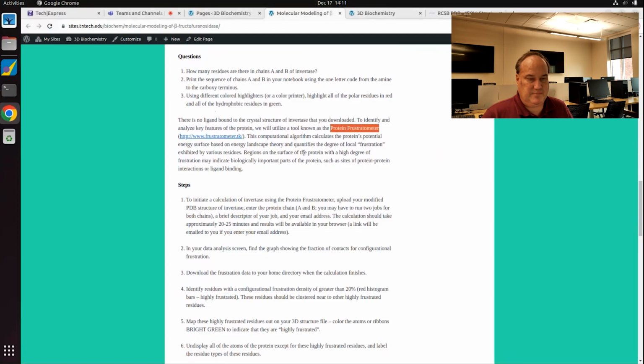And so this tool is based on energy landscape theory, and it calculates a protein's potential energy surface based on that energy landscape theory, and then it quantifies the degree of local frustration in residues. And these frustrated sites are often correlated with binding sites for small molecules or protein-protein interactions. So we're going to look at that. Now the link to the frustratometer is right here in the notes.